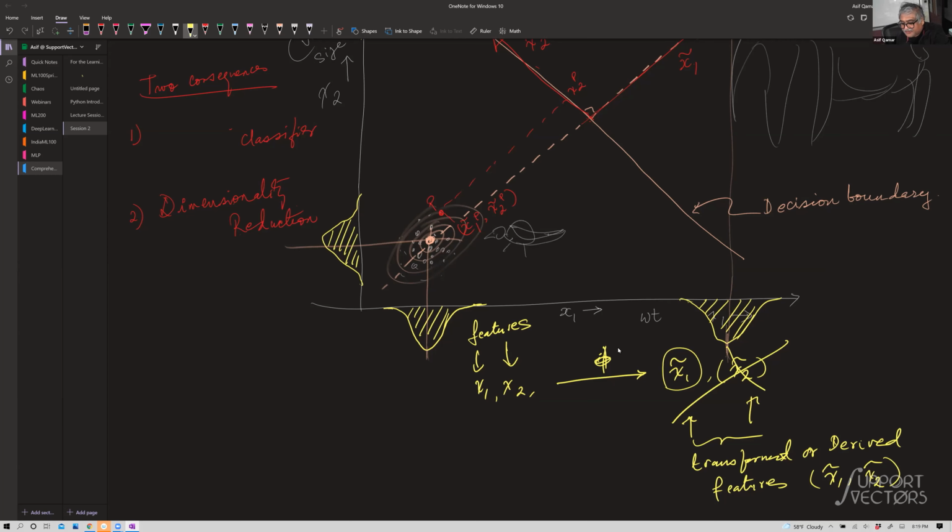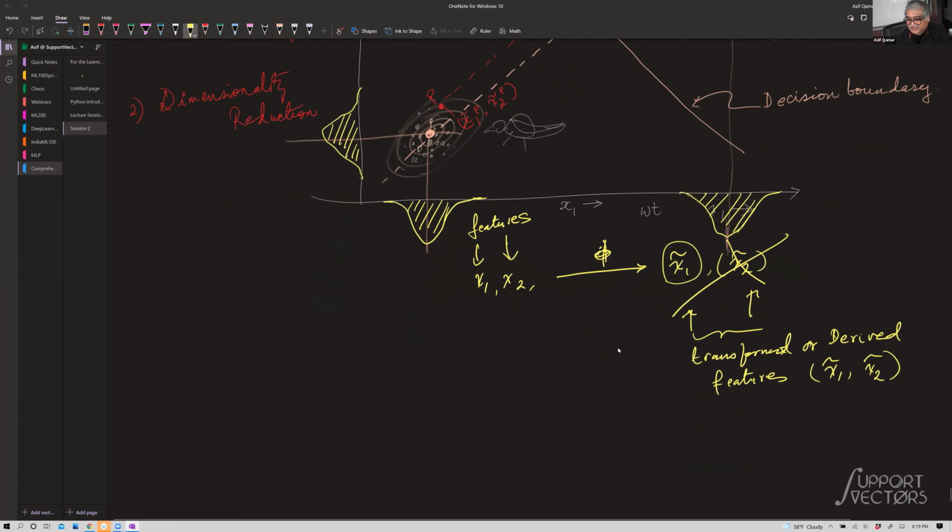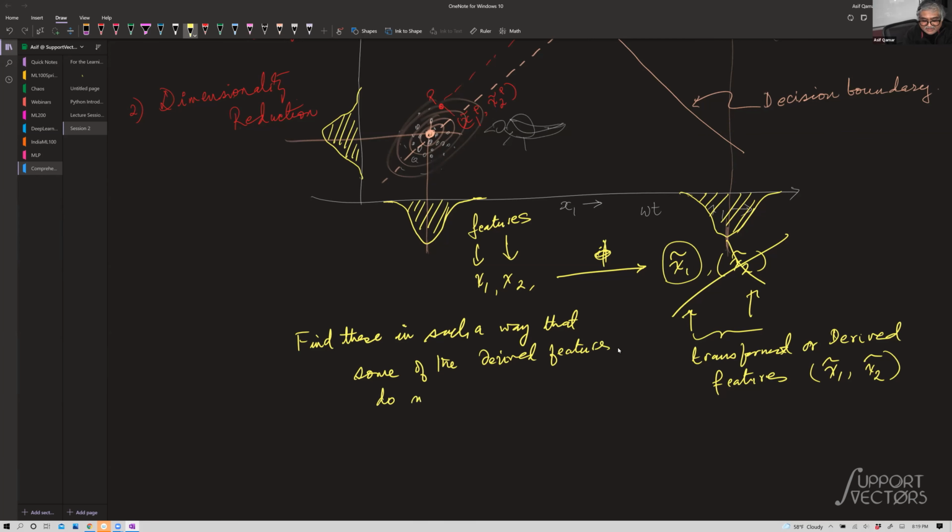Derived features. And our goal is to find this in such a way that some of the derived features do not matter much. They may matter a little bit, but not much.